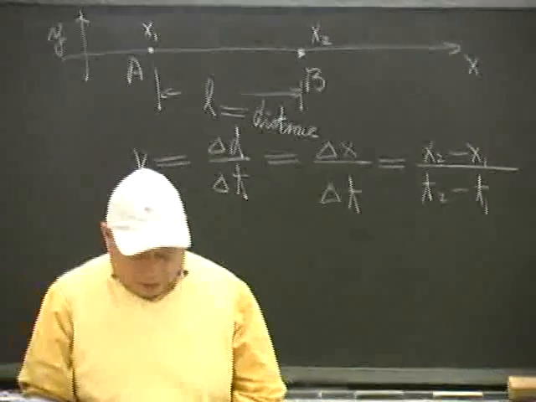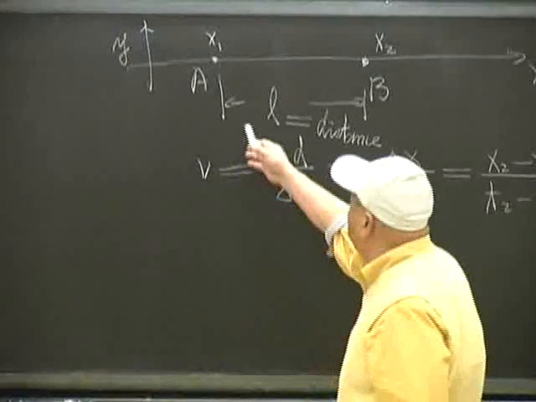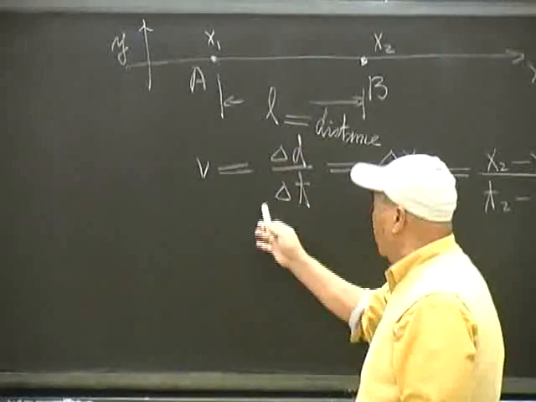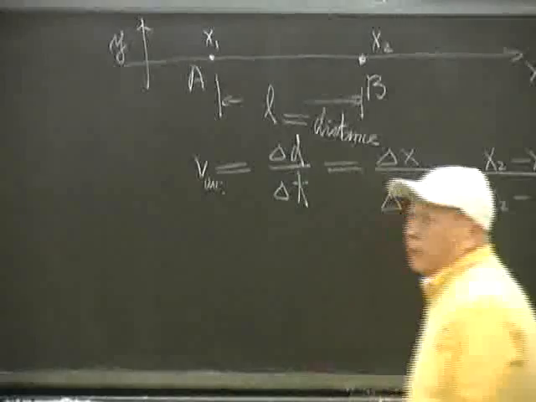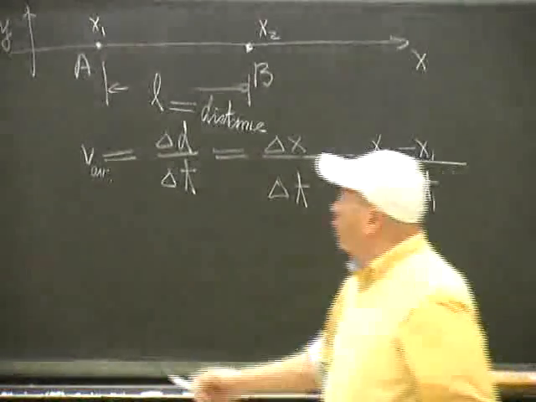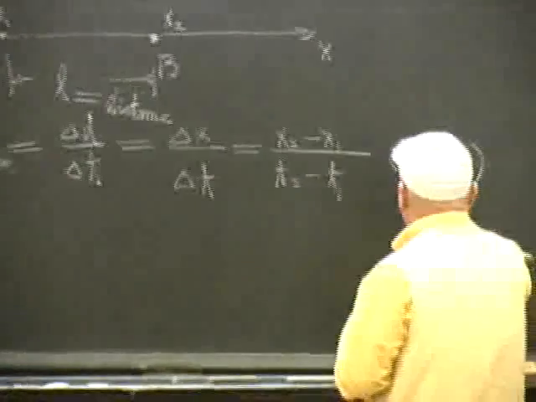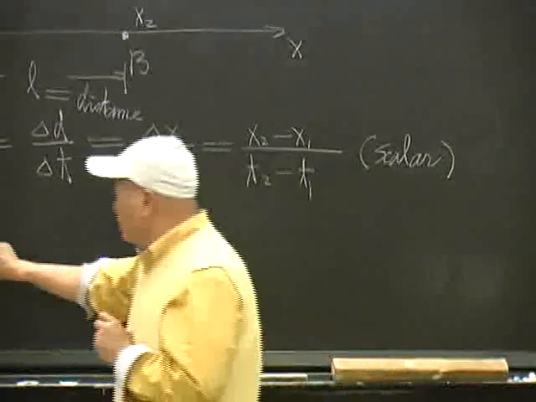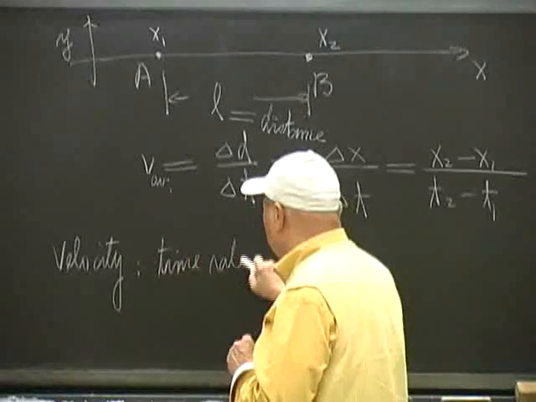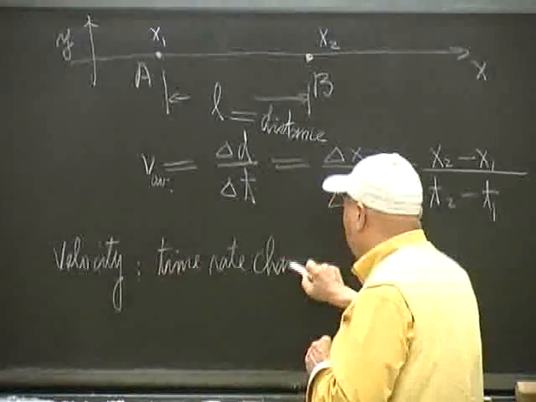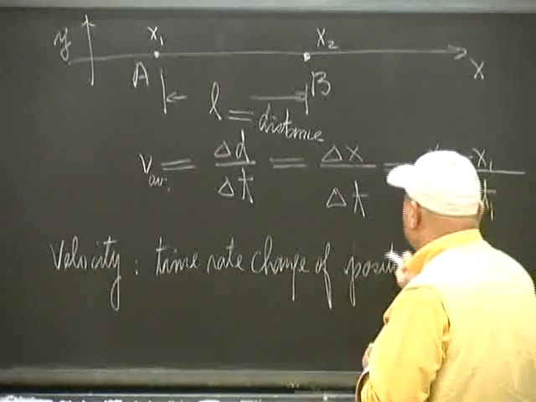Now, due to the fact that we only take into account distance and the time domain, we say this is an average speed. The velocity, again, is not a scalar. Velocity is the time rate of change of position with direction.